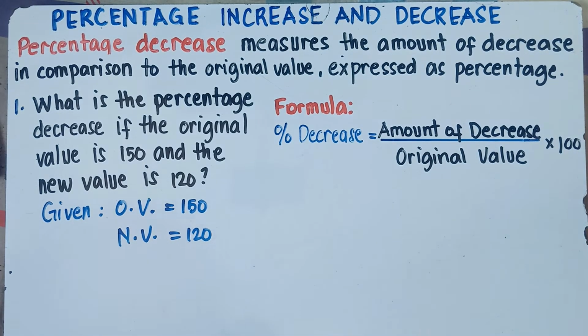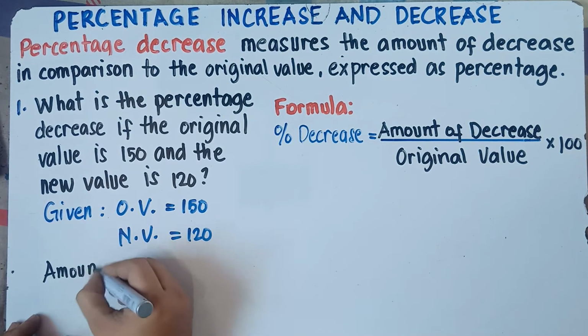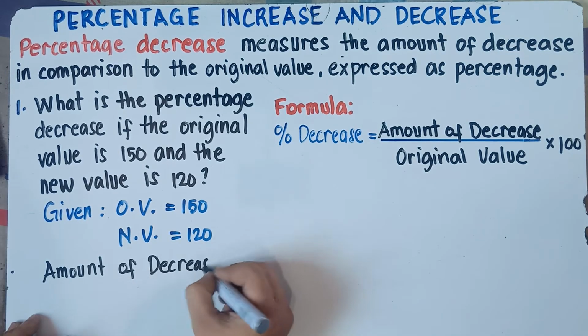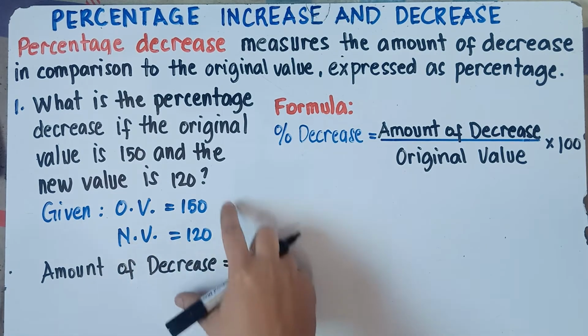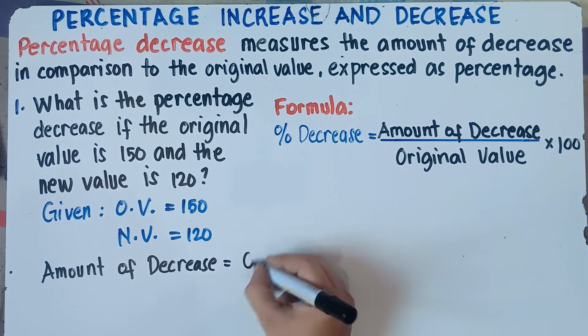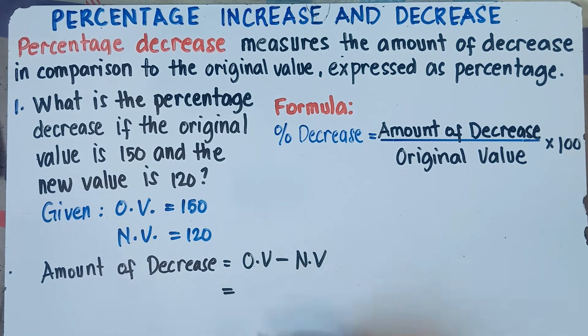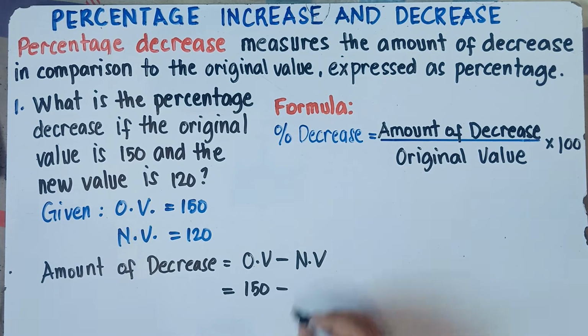That would be the original value minus the new value. So 150 minus 120. Therefore, the amount of decrease, what's the answer, class? That's correct, that would be 30.